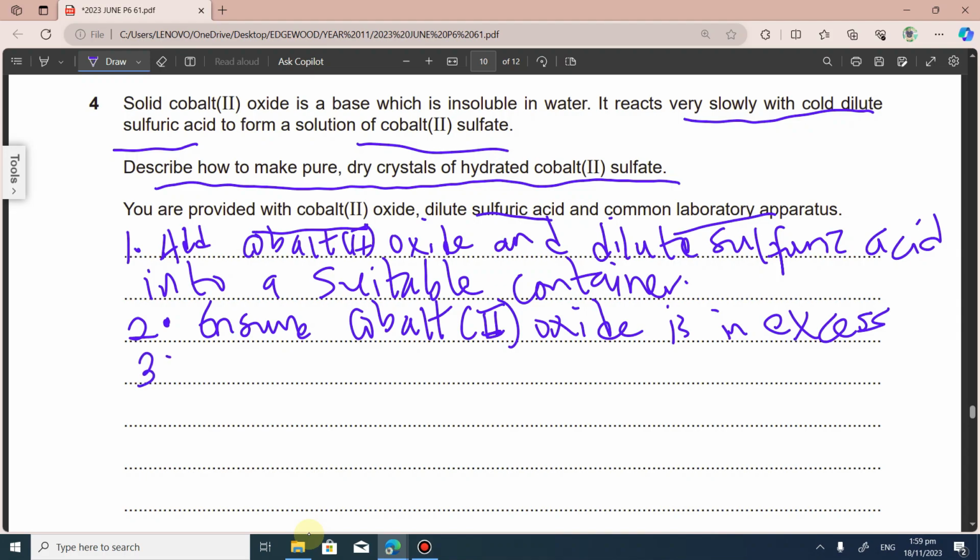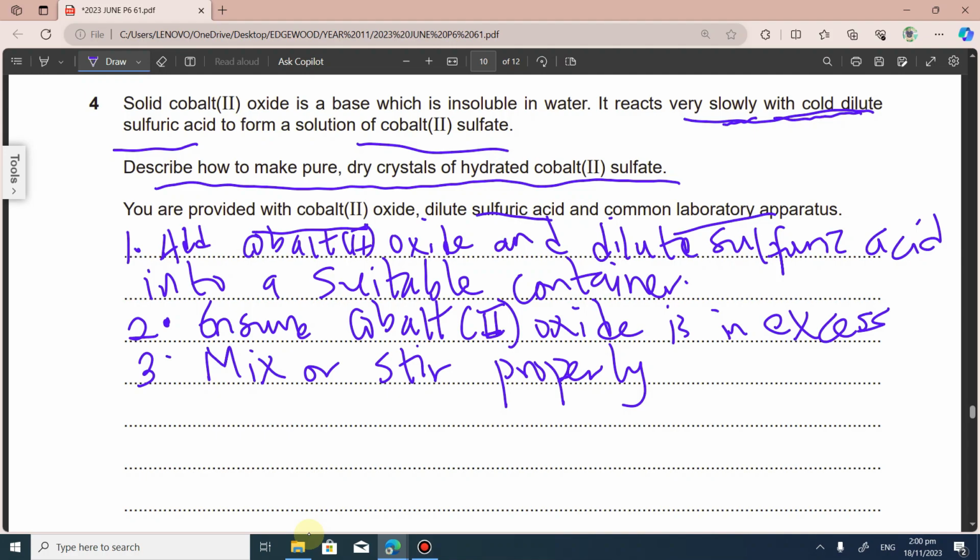Then the third mark is to mix, or we say stir properly, so that there is proper mixing of the cobalt 2 oxide and the dilute sulfuric acid. Now, another point you need to take notice of is that it reacts very slowly with cold dilute sulfuric acid, and you want proper mixing and proper dissolution.